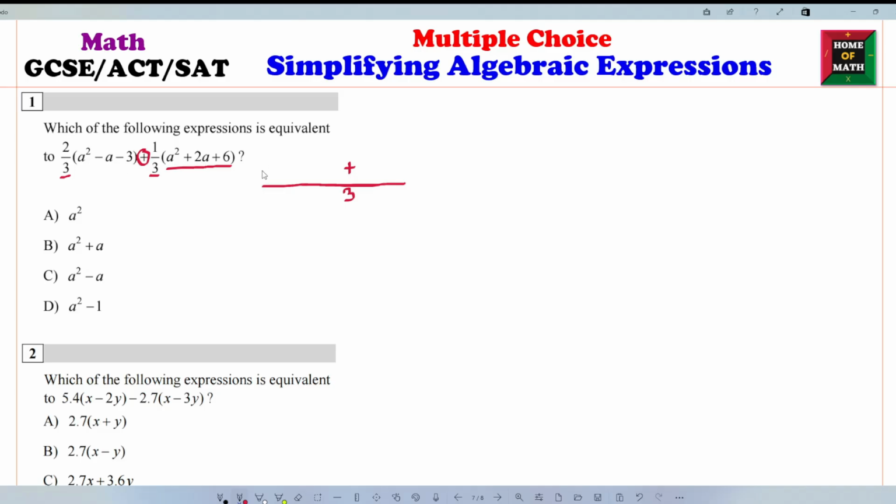So here is 2a square minus 2a minus 6, and here is a square plus 2a plus 6. Look, this minus 2a and this plus 2a cancel out, minus 6 plus 6 cancel out. So here is 2a square plus a square, it will be 3a square divided by 3. It means the answer is a square. Which one is a? Okay, done.